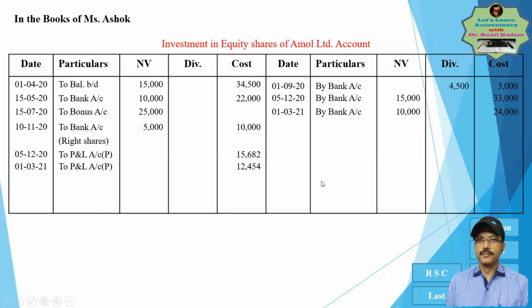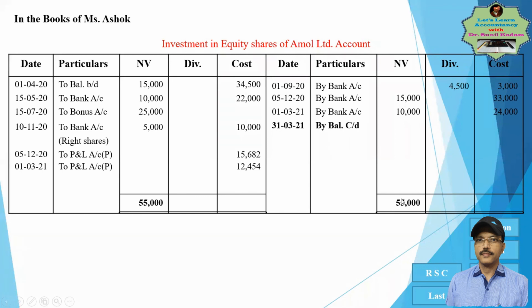At the end, we have to close this account. Normally we first close the nominal value, then the cost value, and then the dividend account. Let's get a total of 55,000. That comes to the credit side, 55,000, the balance on 31st March by balance carried down, 55,000 minus 25,000, is 30,000, right? Similarly, get the total of the cost column.